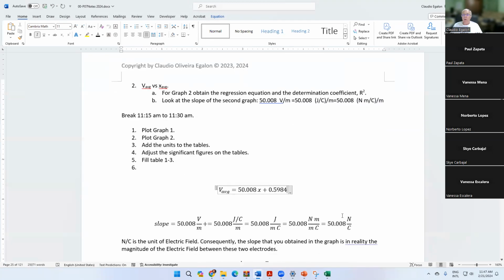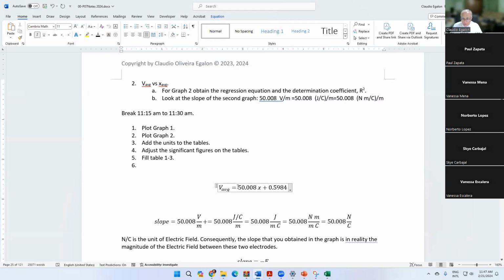Now, don't forget, the term that you see here is the electric field, because the voltage is directly proportional to the electric field times x. Because this is supposed to be a voltage, this term here also has a unit of voltage. So what you see here is actually 0.5984 volts. And since your x has an implicit unit of meter, what you have right here should have a unit of volts divided by meter.